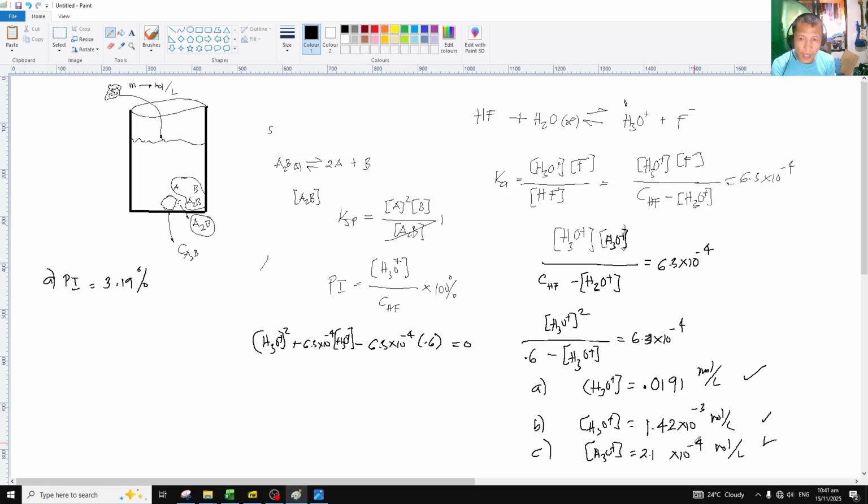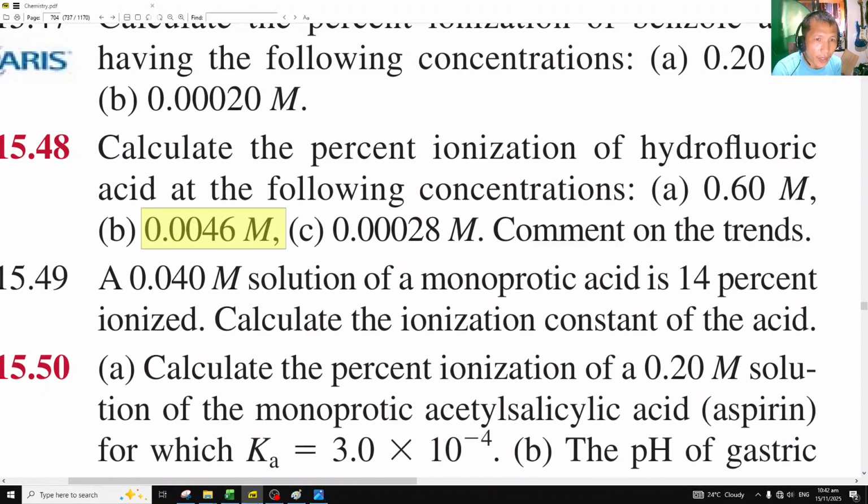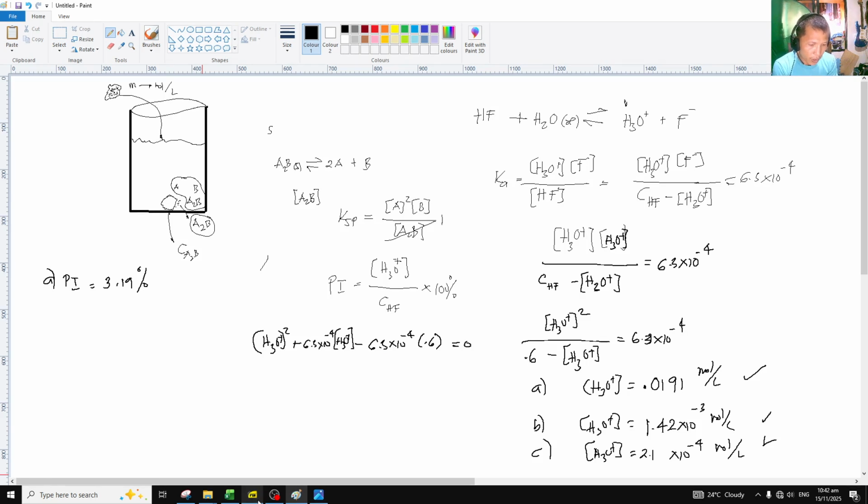So now we can get the percent ionization. Back to the first mode: 1.42 exponent negative 3 divided by 0.0046, times 100%. That would be 30.9%.